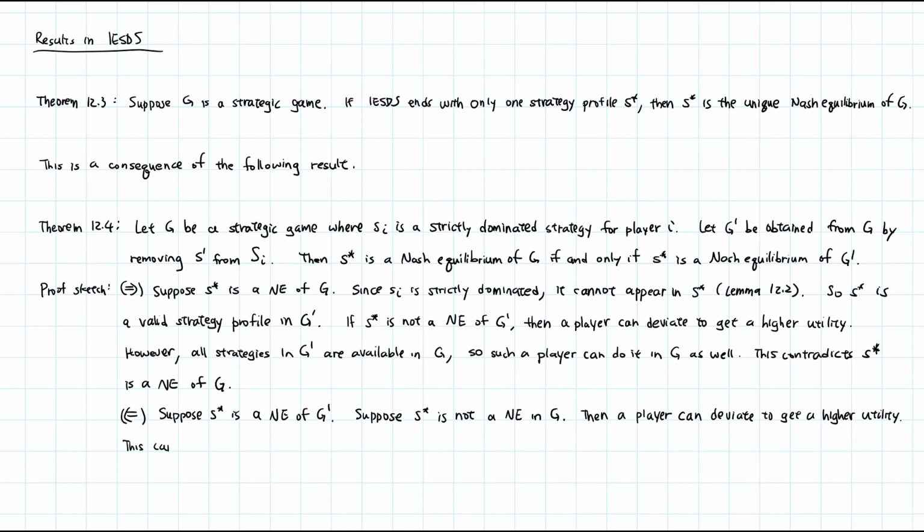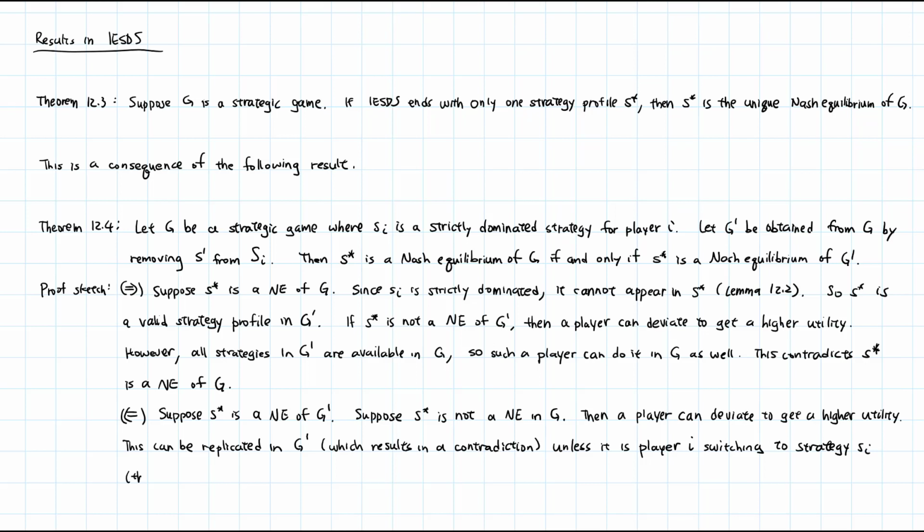If this deviation can be replicated in G prime, that will result in a contradiction that S star is a Nash equilibrium of G prime. But there is one possible way of doing this without causing this contradiction, and that is if player i switches to strategy Si, which is the only strategy in G that is not in G prime. So now, can you find a contradiction here?